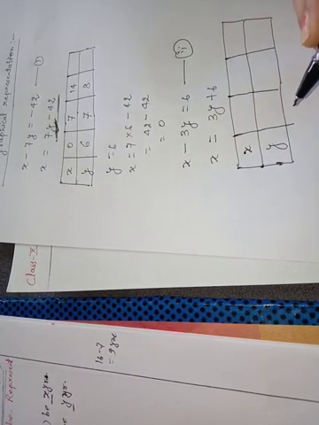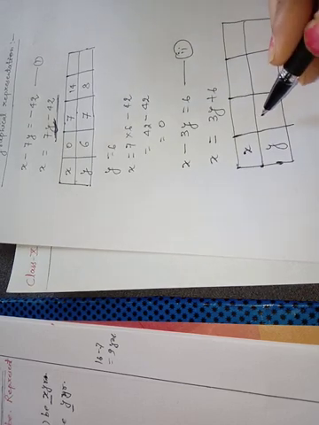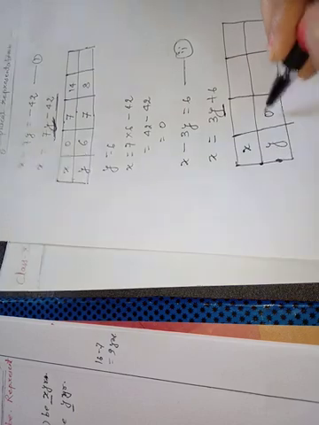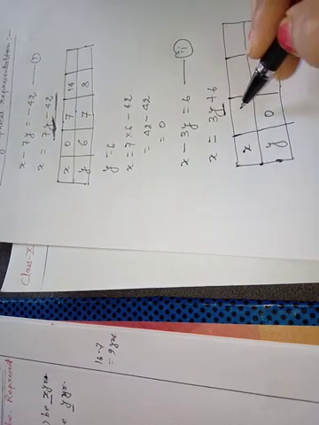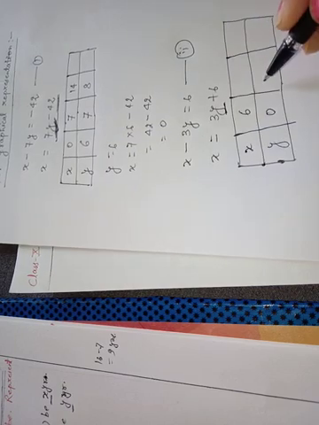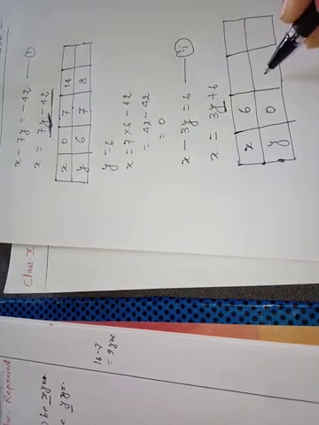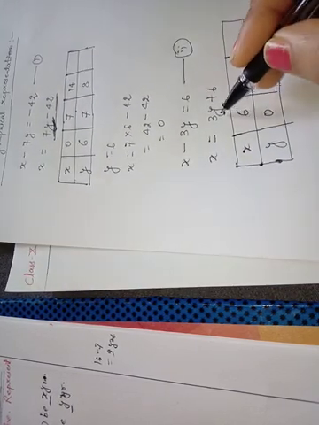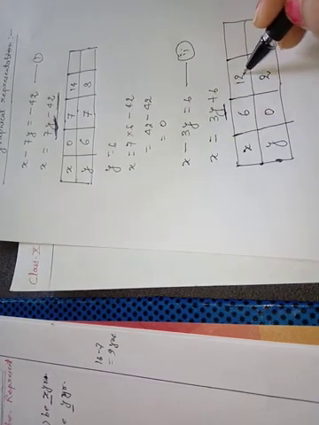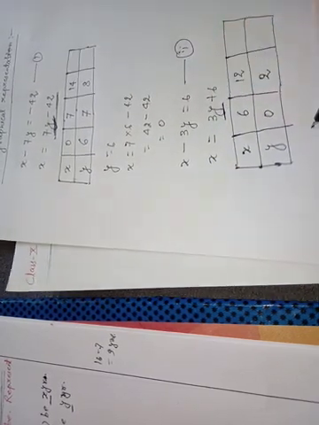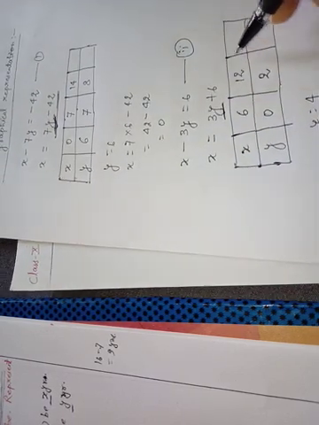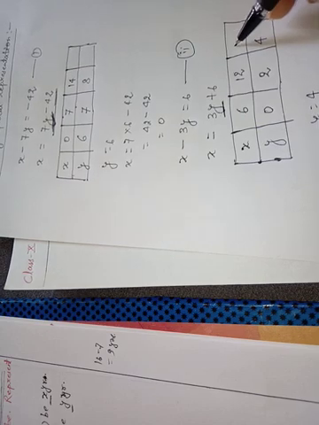Suppose I have taken y equal 0, 3 times 0 plus 6 means 6. If I put y equal 2, 3 twos are 6, 6 plus 6 is 12. If y equal 4, 3 fours are 12, 12 plus 6 is 18.